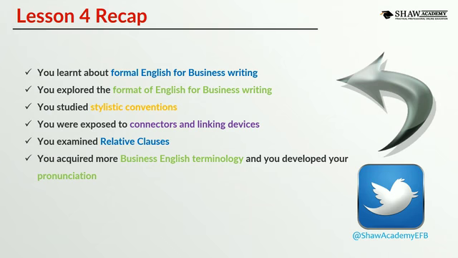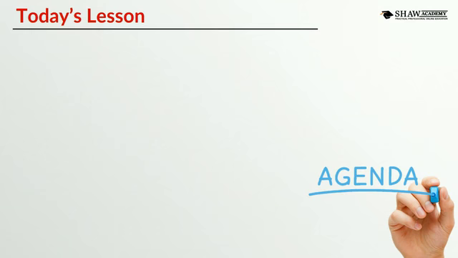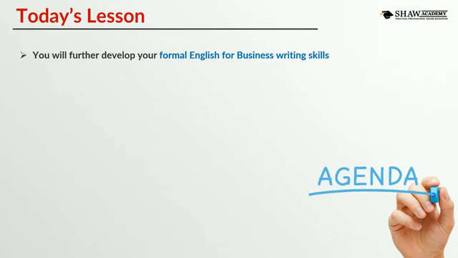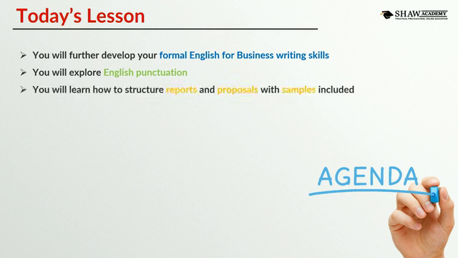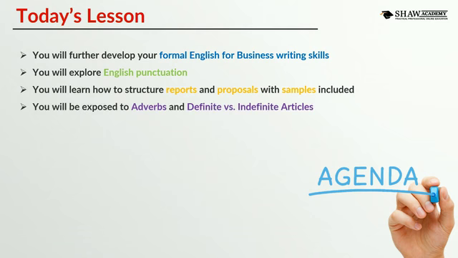Okay, so what about tonight's lesson, guys? Well, we will further develop your formal English for business writing skills. You will explore English punctuation and every single bit to do with that. You will learn how to structure reports and proposals, and we'll of course have samples included. And then we'll have lots of grammar tonight.